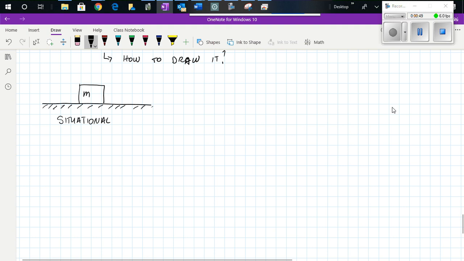So it's kind of describing what the situation is. But in physics, we don't always work with the situational diagram. We have it as a middle step between the English part of the problem and the free body diagram.